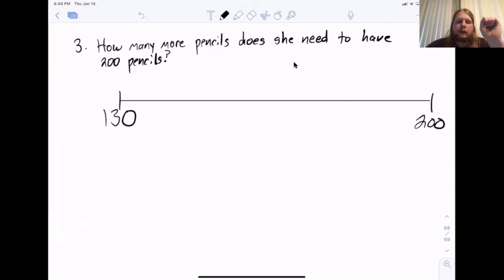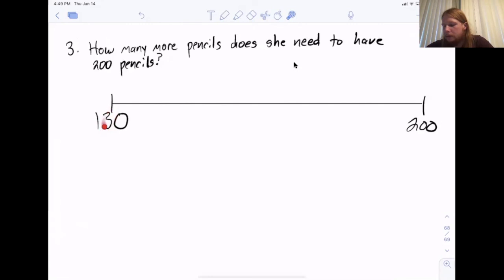Do we need to add any ones? Look at, we're already at 0. Do we need to add more ones to get to the 200? Nope. What about tens? Do we need any tens? We do. So let's start with tens. So we have 130, 140, 150, 160, 170, 180, 190, 200.